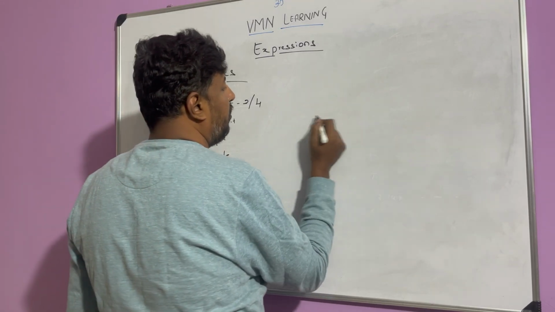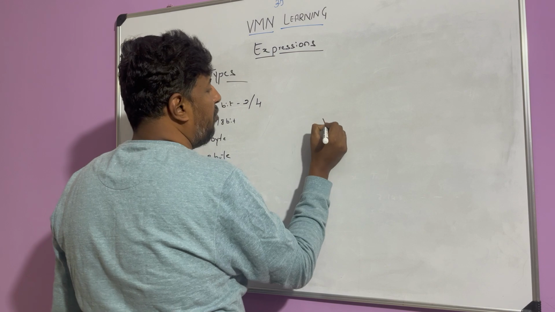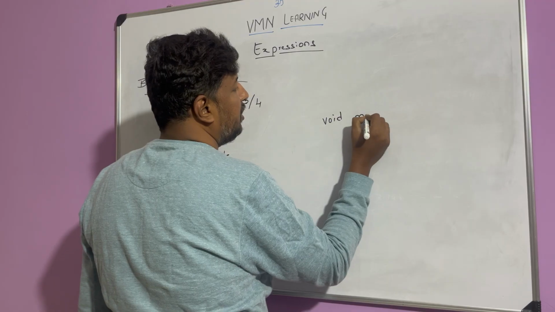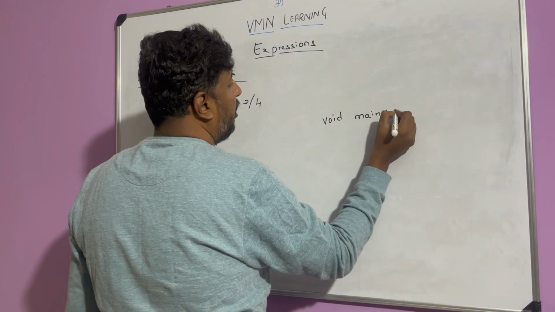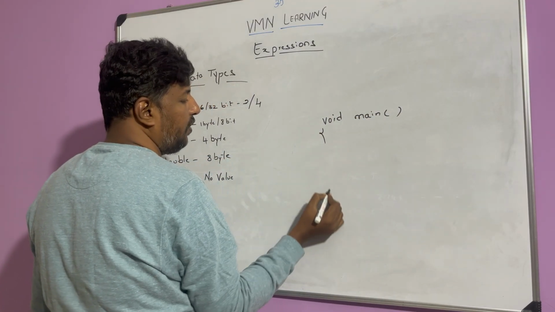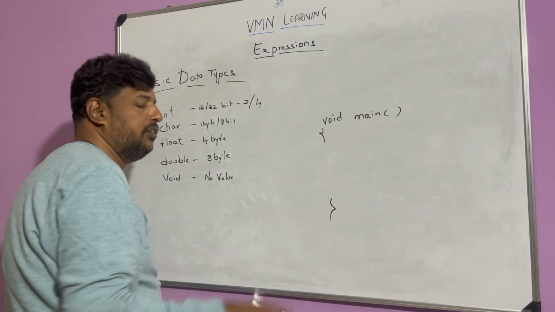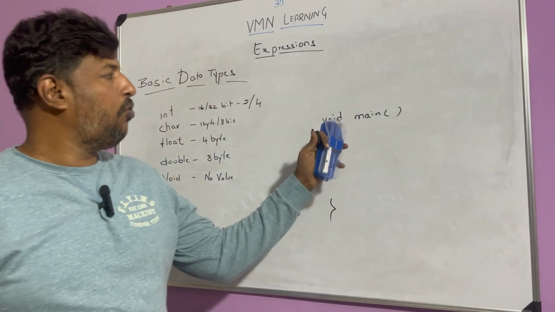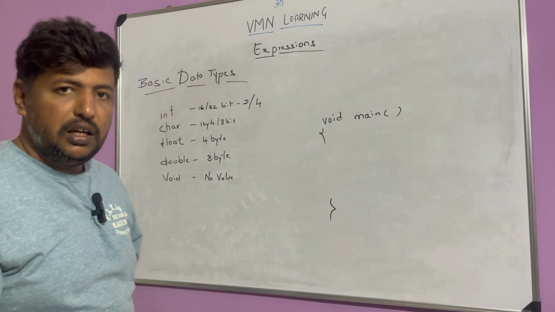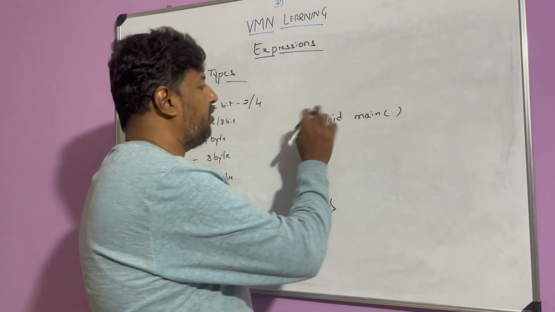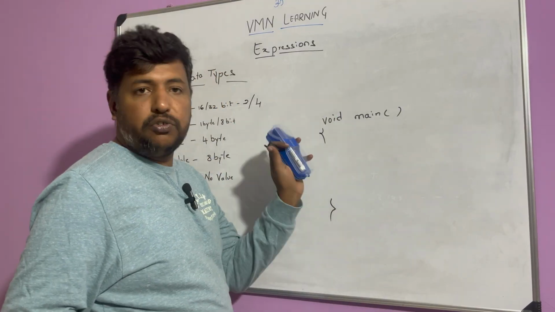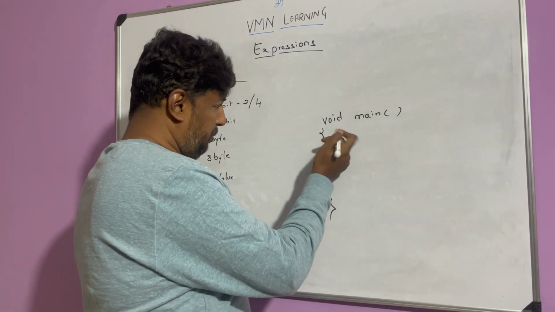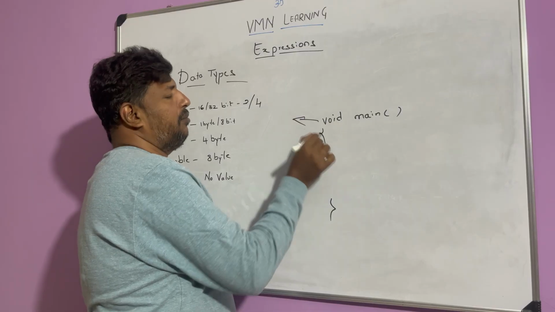Normally with a function, void main, if you search many programs, they will say void main. In older times that was used; nowadays void main will not be allowed and we have to say int. But void main specifies that nothing will be returned back.